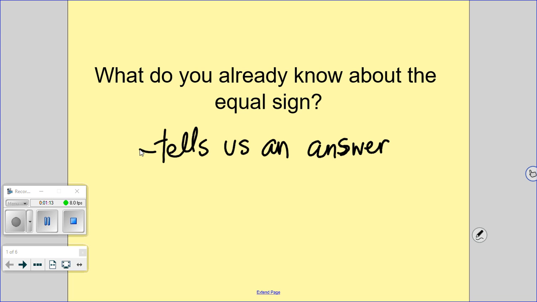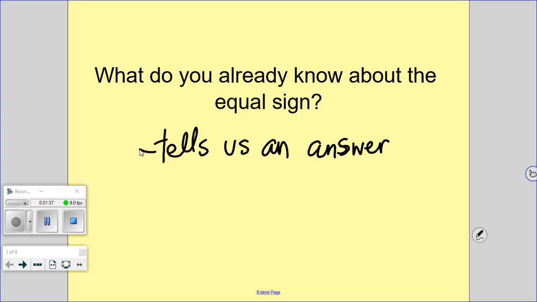Bria, what do you know about the equal sign? It does actually tell us what the answer is too, but like what we were using for mental math, we used the equal sign to show what Twitter equals or YouTube equals, like what number it is.